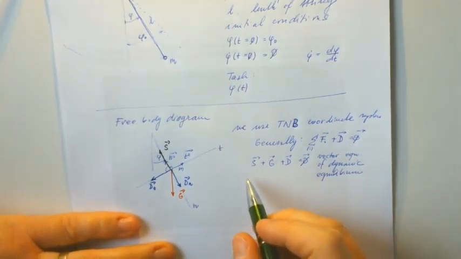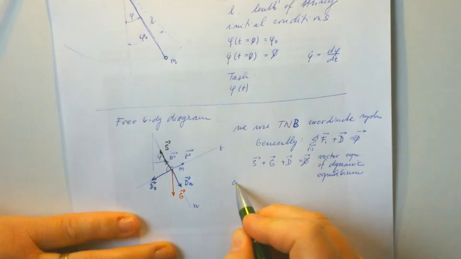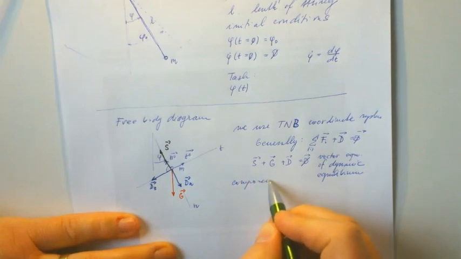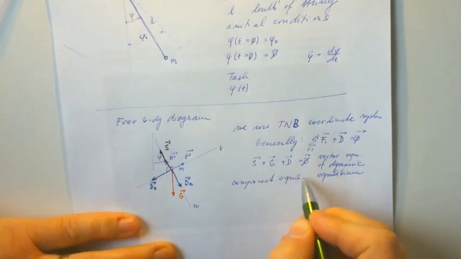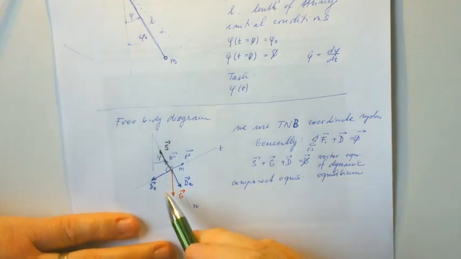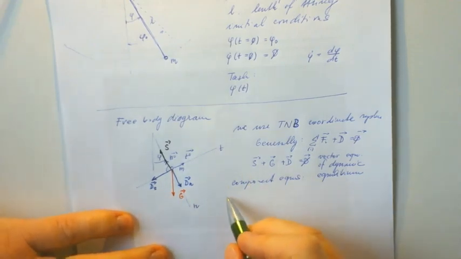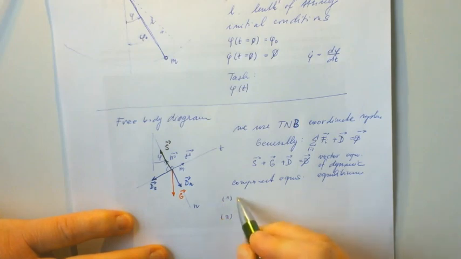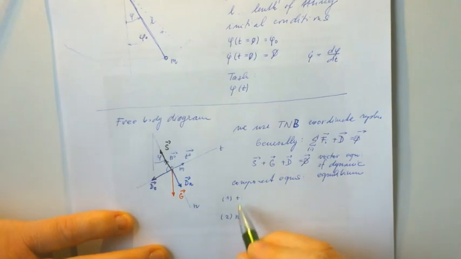So now we can write component equations, because this is two-dimensional case, so we have two component equations in t and n directions.